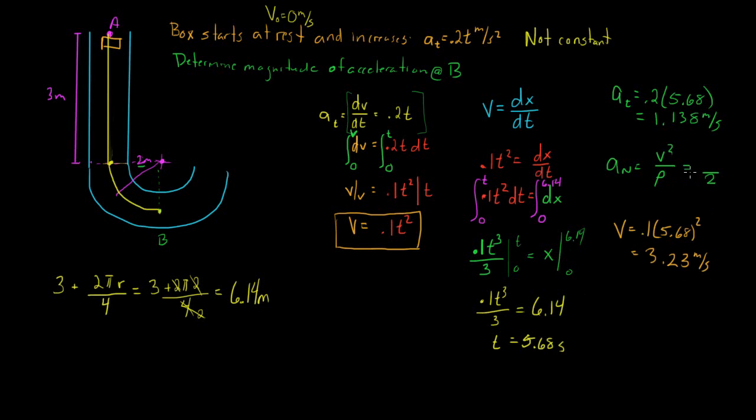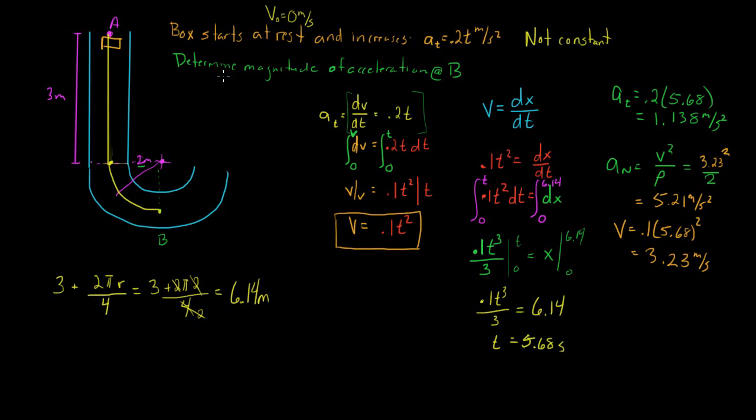Now we can put this into the normal acceleration up here, 3.23 squared divided by 2, and our normal acceleration is going to be equal to 5.21 meters per second squared. And just looking back, this should be meters per second squared right here, because it's an acceleration, not a velocity.